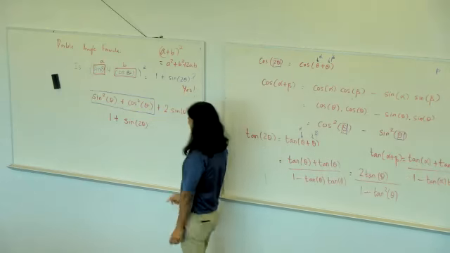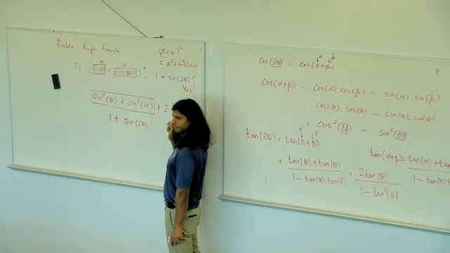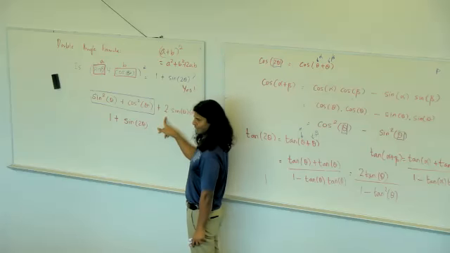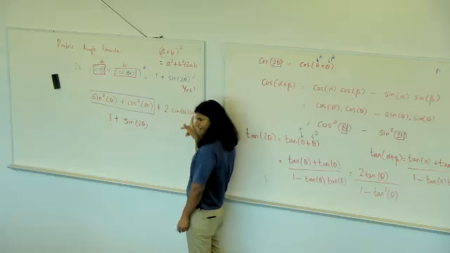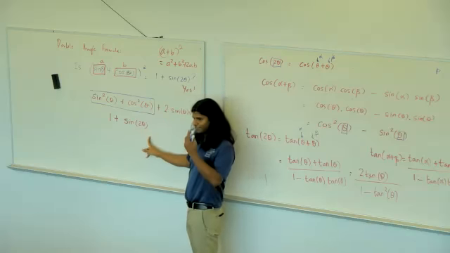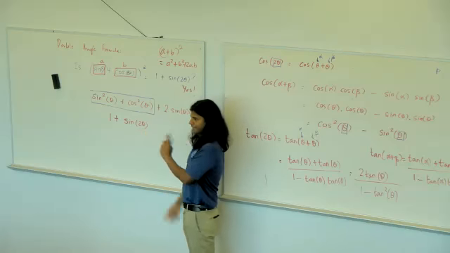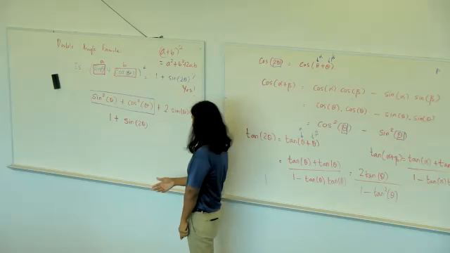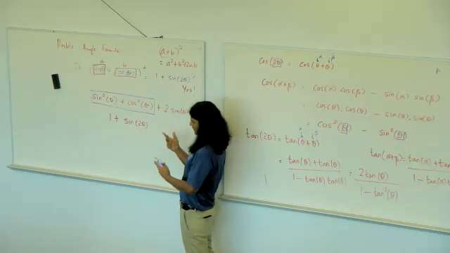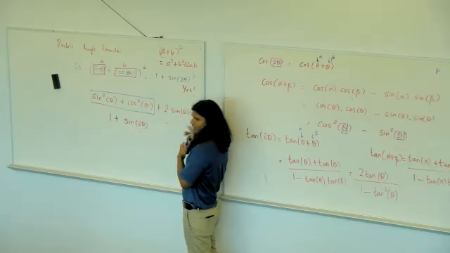Plus 2 sine theta cosine theta is sine 2 theta. That's the very first thing that we did under this section. That's the formula that we came up with. Sine 2 theta, the double angle sine, will simply be 2 times sine theta cosine theta.